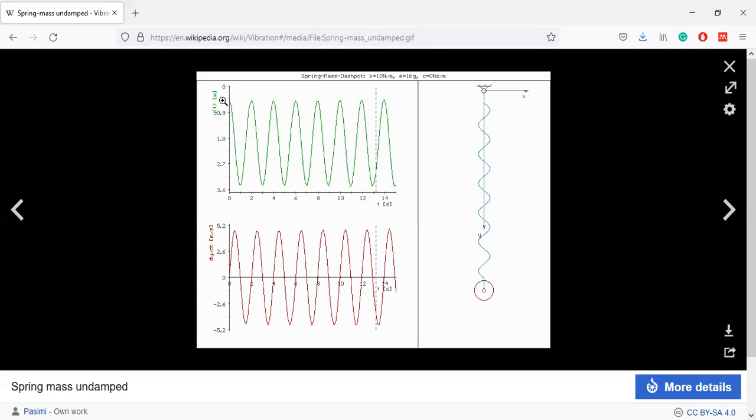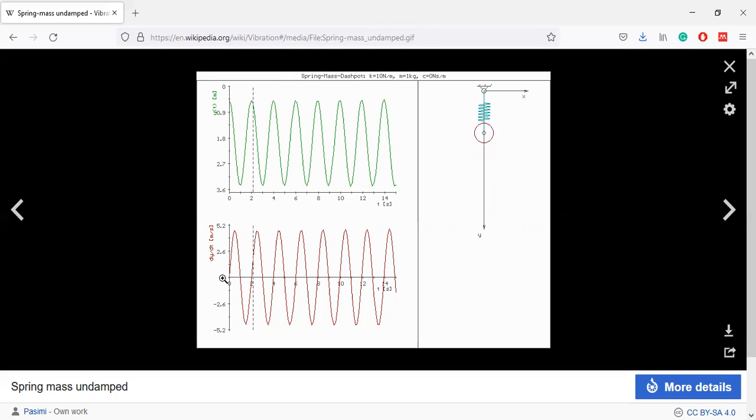This is the displacement in meters, and this is dy/dt, that is velocity in meters per second. We can observe from these two graphs that there is a phase difference. Here it starts from this point, but in this case it starts from somewhere here.